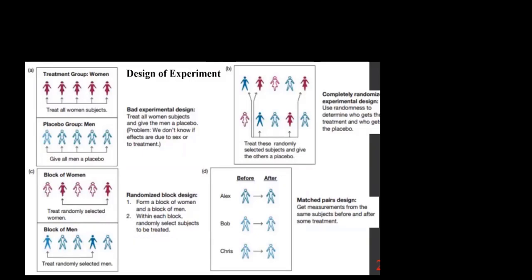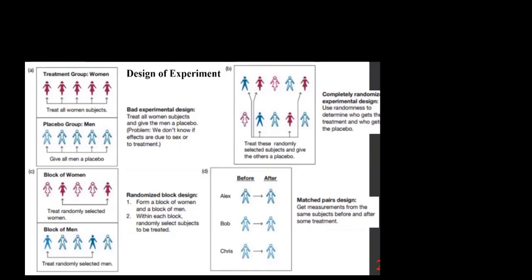Look at part A. We are treating all women subjects and give the men a placebo. So it's definitely not a good idea. So one group gets the treatment, the other one doesn't. Whereas in part B, we use completely randomized experimental design.